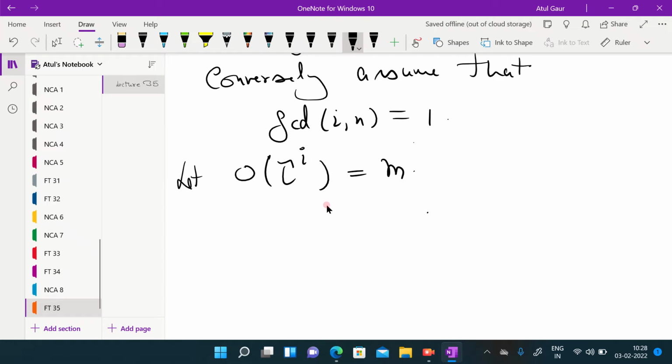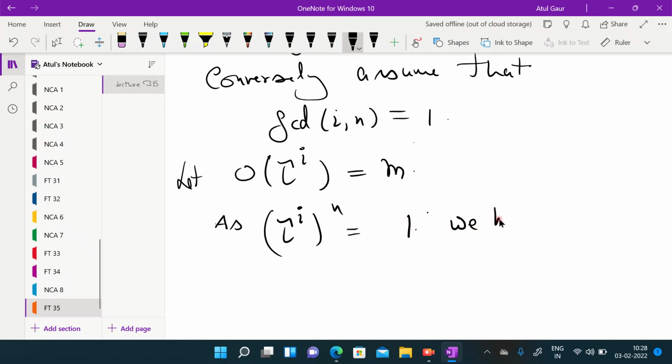You want to conclude m equals n, right? So fine. Tau power i raised to the power n is 1.